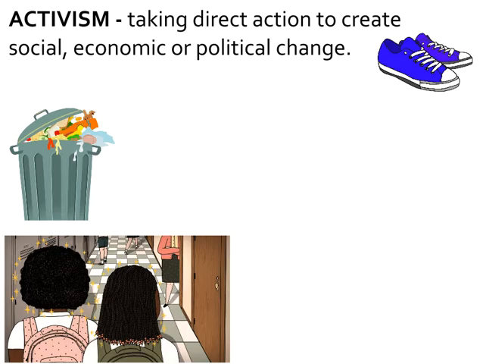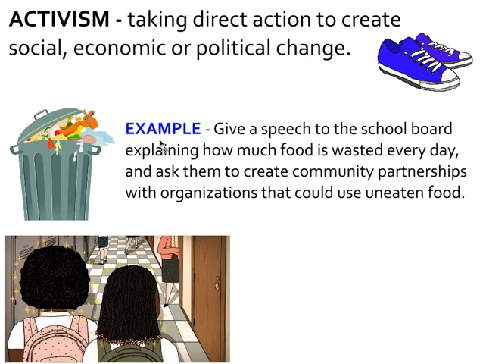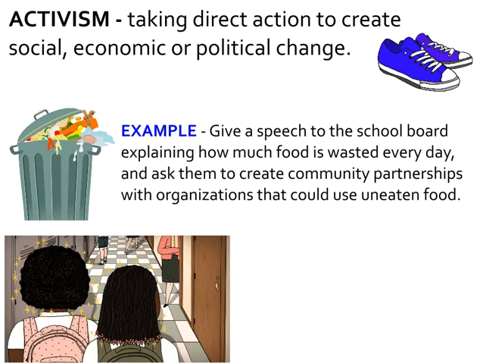If we think about our problem around uneaten food, an example of activism might be that I go before the school board and give a speech explaining how much food is wasted every day, and ask them to create community partnerships with organizations that could use uneaten food.